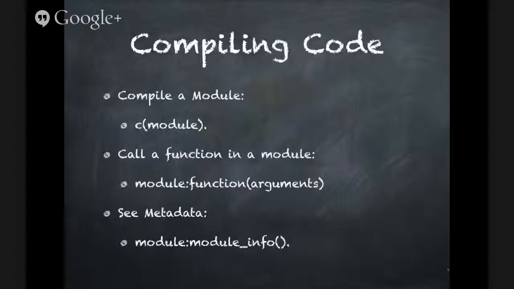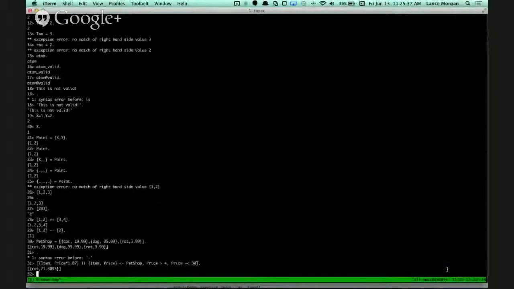So compiling only works in the shell. You use that c module. To call a function, you would say the module name, colon, function name, and then pass in any arguments you need. And you could also see metadata about any module by using that module_info function. So Erlang has some built-in functions.